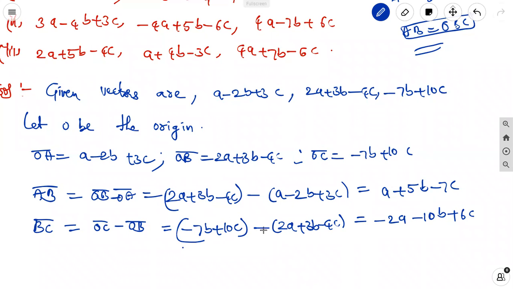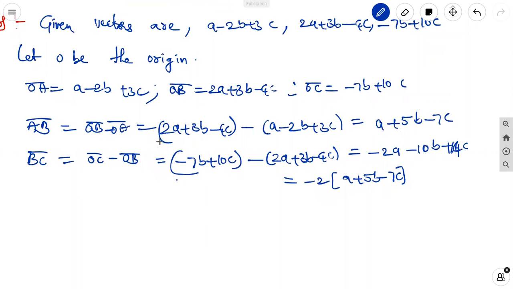Here, plus 10c plus 4c gives 14c. So here we can take minus 2 common, then it is a plus 5b minus 7c. So we get the relation BC is equal to minus 2 into AB.